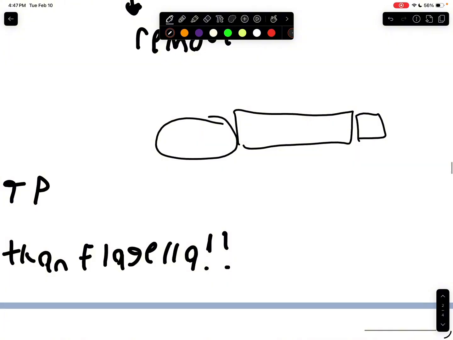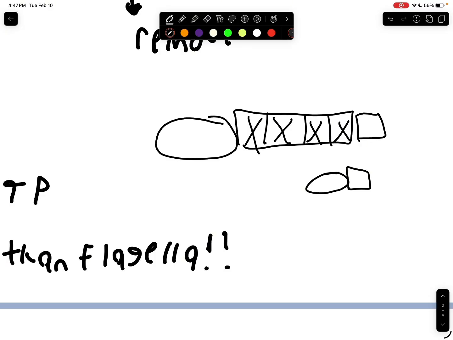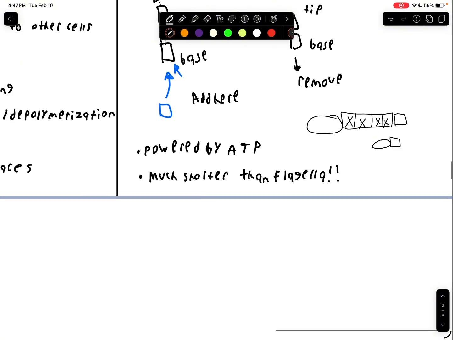Then what you want to do is you want to start shortening that distance. So you take out this one. Now, as bacteria, you've gotten over here. So the way you've moved is by polymerizing. So you form this and then depolymerizing. You take these off. And this is actually powered by ATP, not by a motor force.